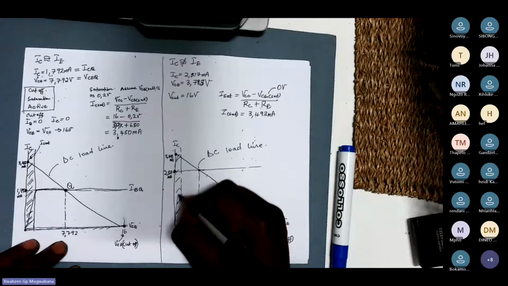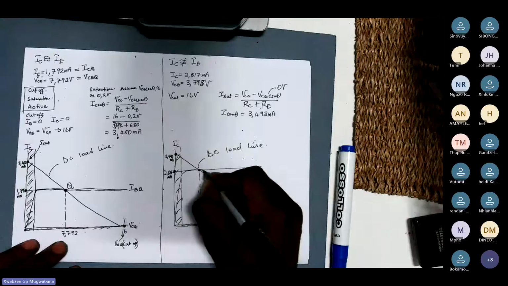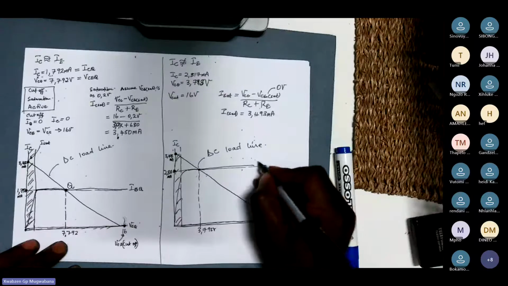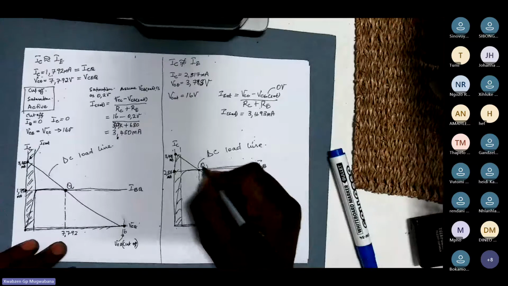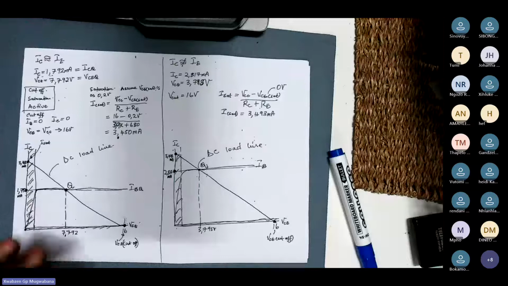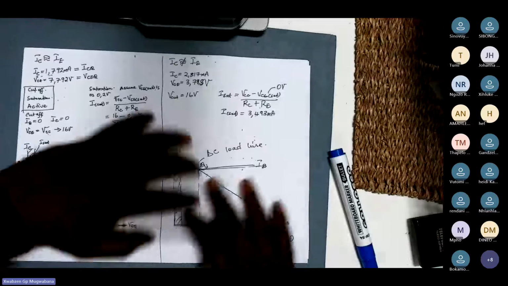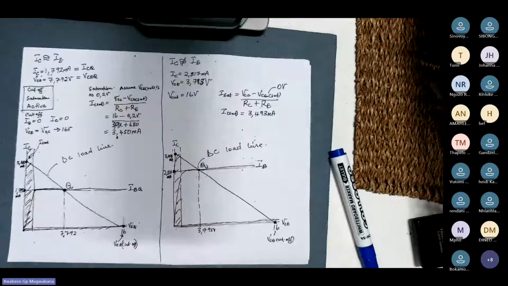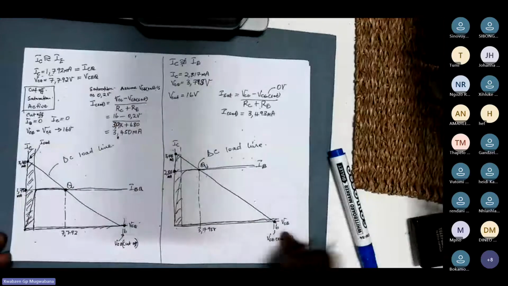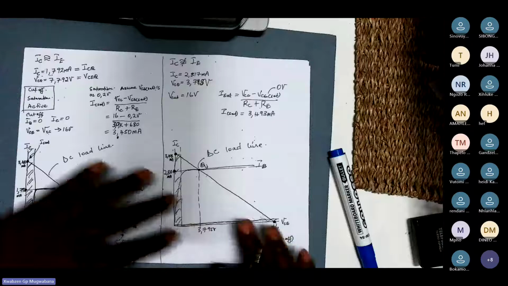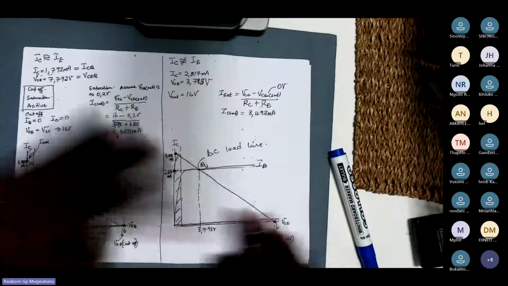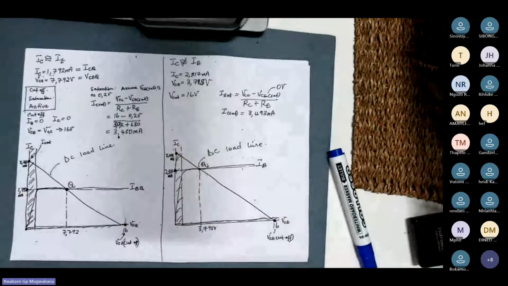Now, when this graph grows, it goes like this. That is my IB. Now, this is my quiescent point. Can you see that now everything is working within the active region? It's above the saturation, it's below the cutoff, which means it's in the active region. Now your transistor is operating.